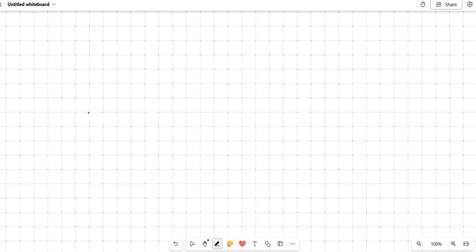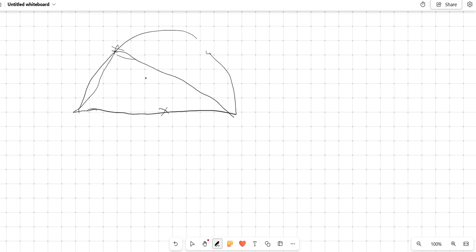The theorem states that if you have a semicircle, okay, let's say this is the midpoint, and you choose a point, by connecting the two endpoints to that individual point, you will get a 90-degree angle here. I just proved that. Yeah, it's a cool little theorem.